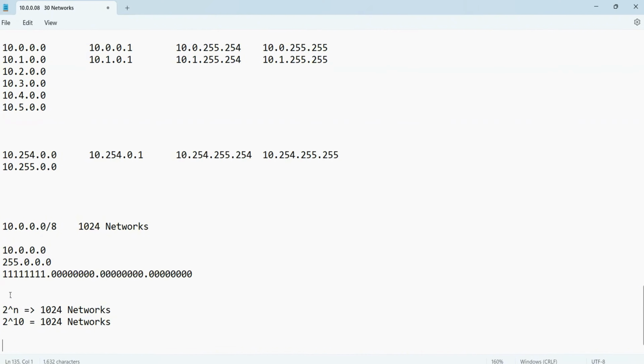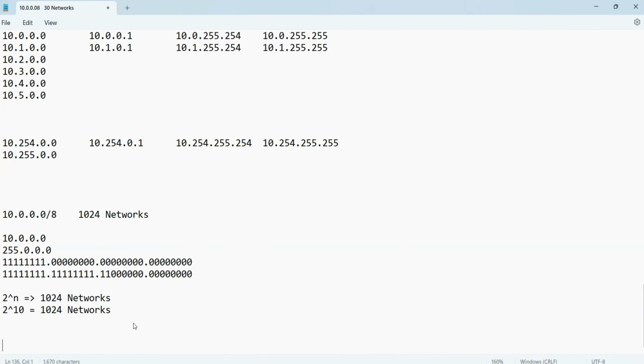Now, how many bits did I use? Let me put these down. 1 through 8, four times. There you go. So I used 10 bits, 8 plus 2. How many bits did I not touch? 8 plus 6 is 14.